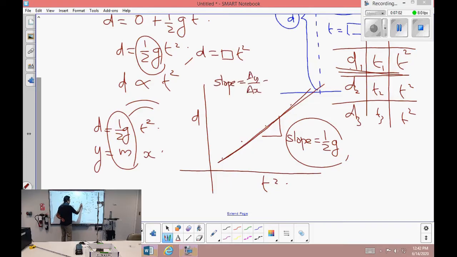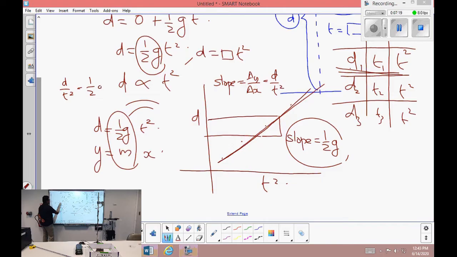What is delta y here? The y displacement, delta y is d, and what is delta x? t square. d by t square. Mathematically from this relation, what is d divided by t square? d divided by t square is half g. Exactly, the slope represents half g.